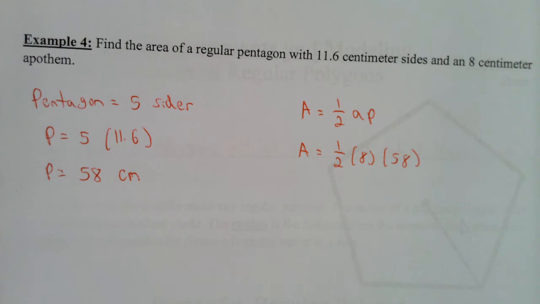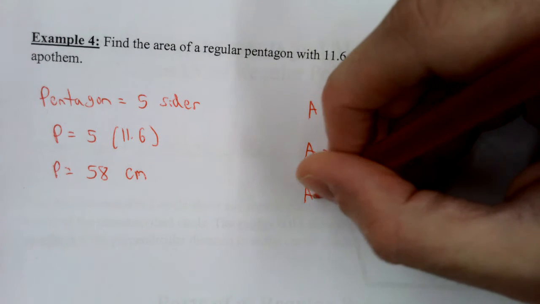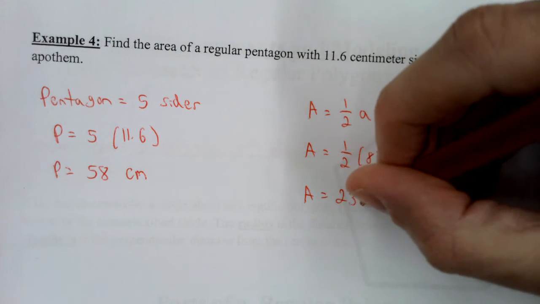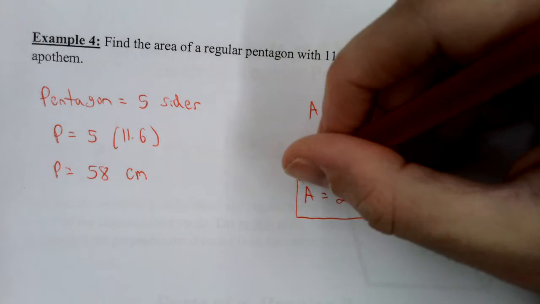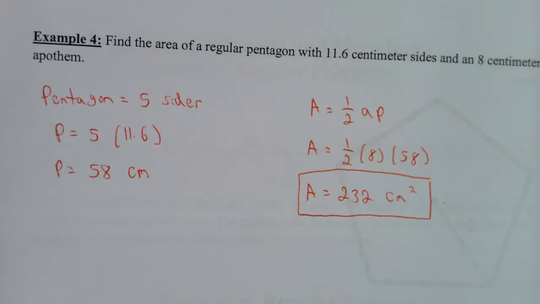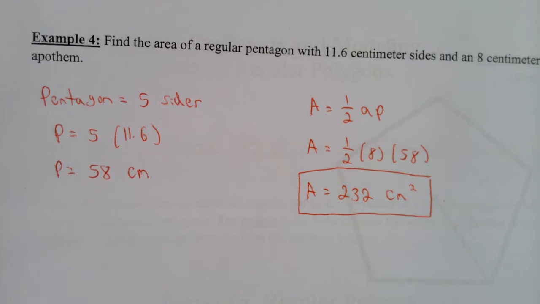So multiply those together, you get the answer is 232 centimeters squared. Okay. Those weren't too bad, but now we're going to get to the hard ones.